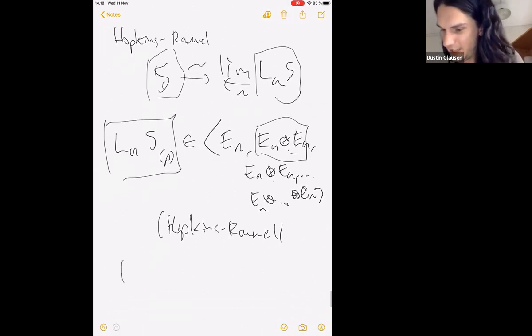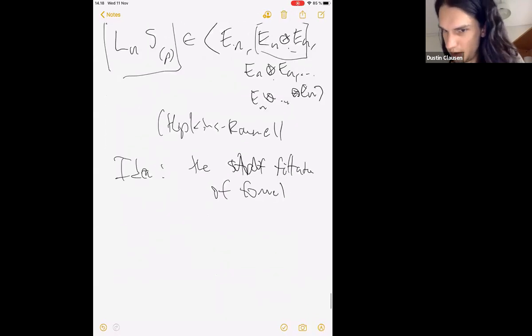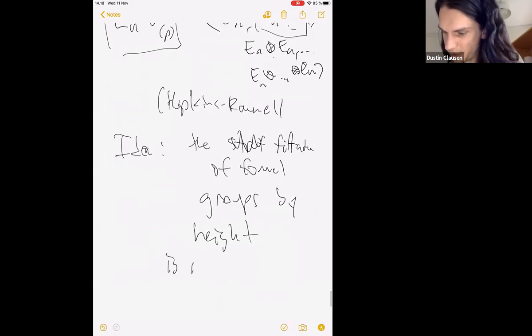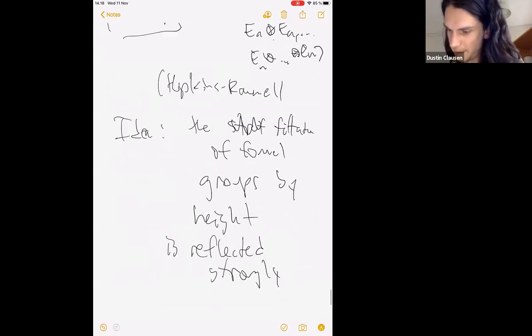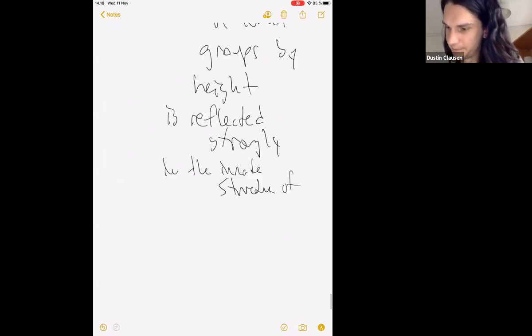So the idea is that the stratification or the filtration of formal groups by height is reflected strongly in the innate structure of spectra.